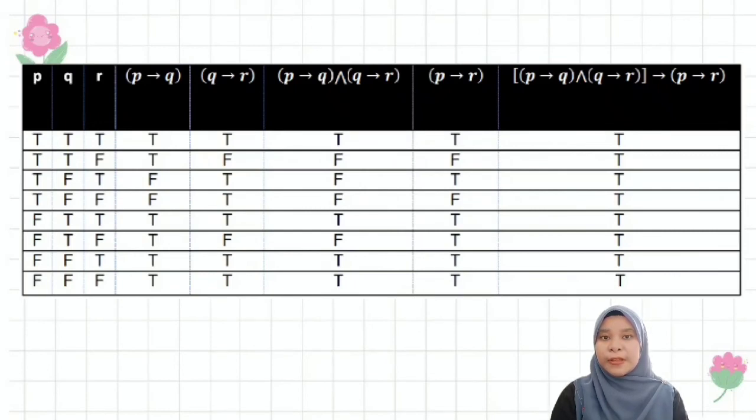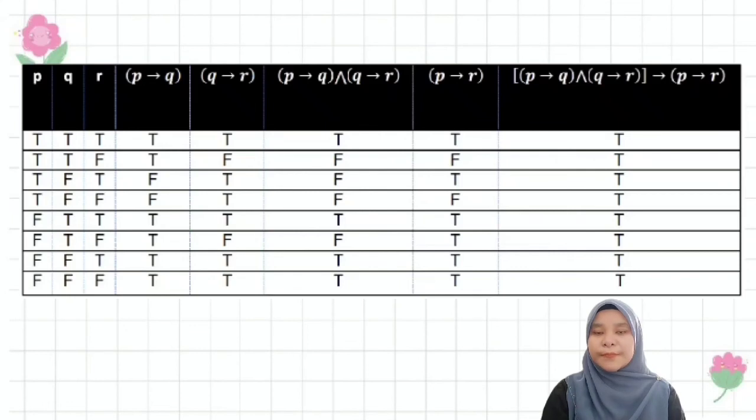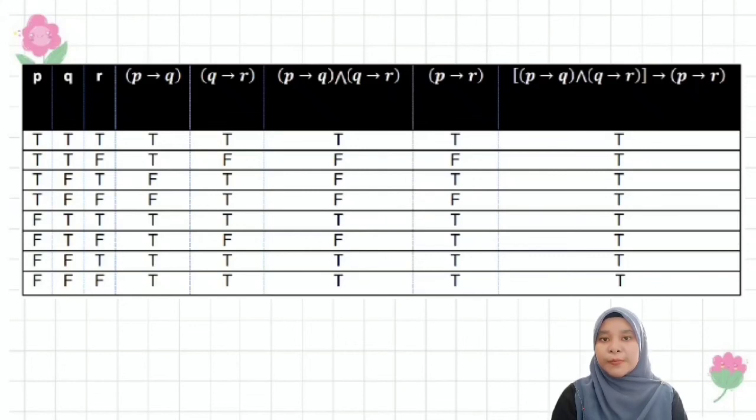After we fill in all the truth values of propositions P, Q, and R, then we will find the outcomes of each part of this statement. For P implies Q, the result is TT, FF, TT, TT. For Q implies R, the result is TF, TTT, FTT.